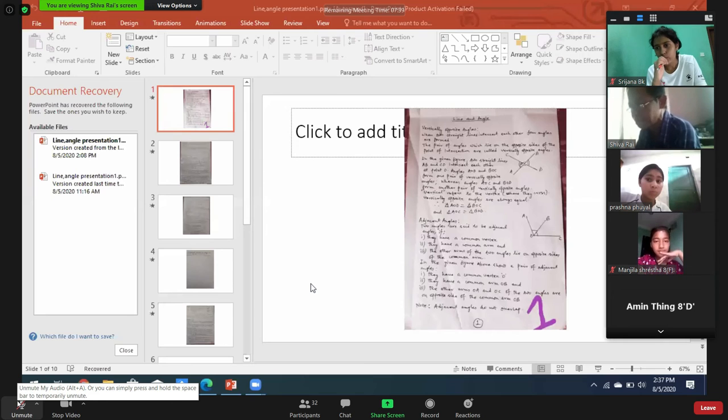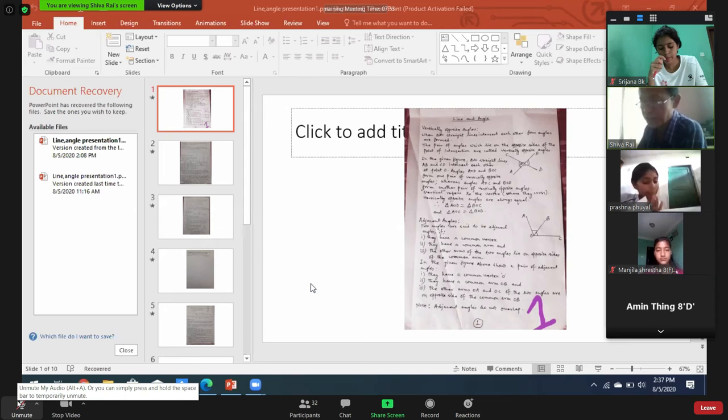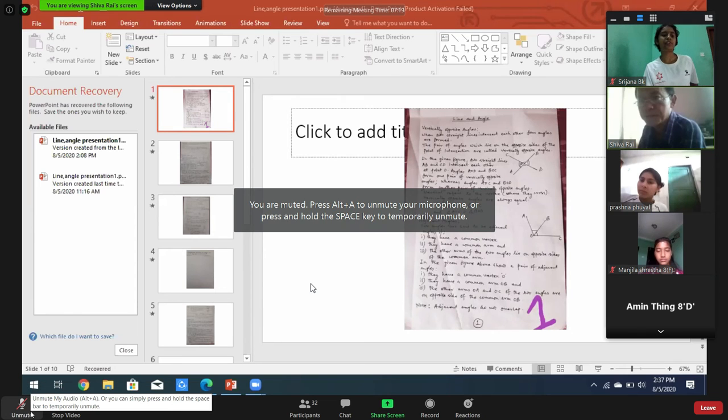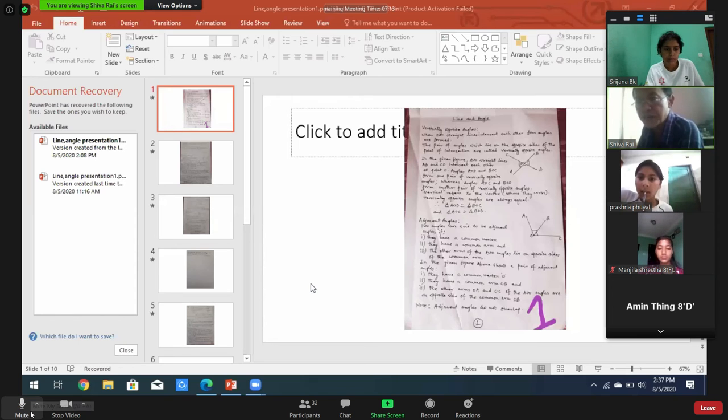Two parallel lines are intersected by a transversal. Arrows are given there pointing towards the same direction. It means they are parallel lines. Remember, if arrows are given towards the same direction, they are parallel lines.